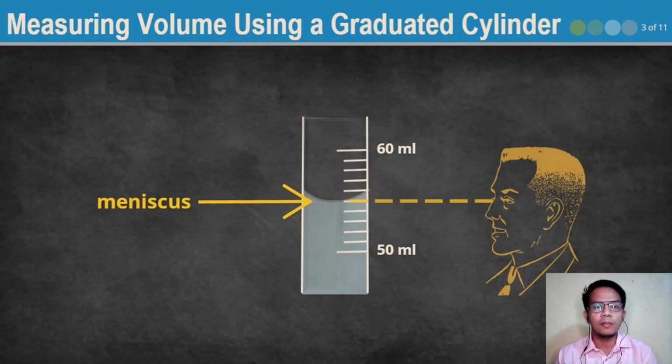So let's say that the bottom of the meniscus lies between 55 milligrams to 56 milligrams, meaning the liquid volume is certainly greater than 55 milligrams. If the instrument used is a standard electronic balance, the result may be 55.50 milligrams.